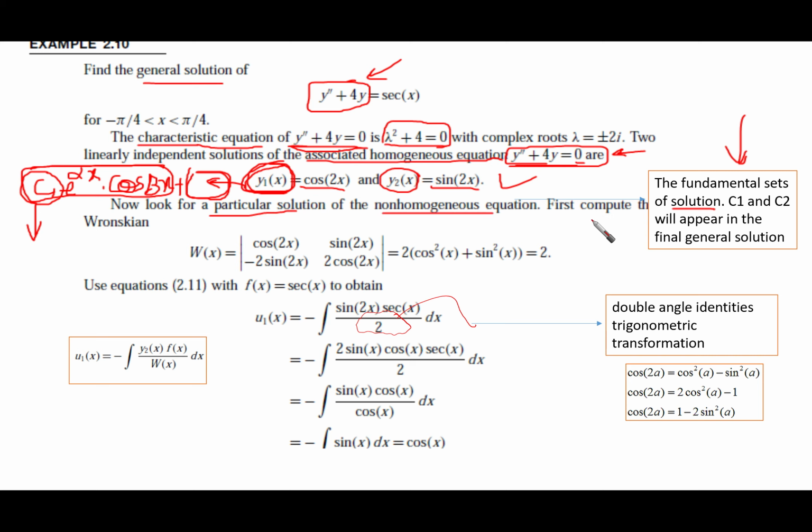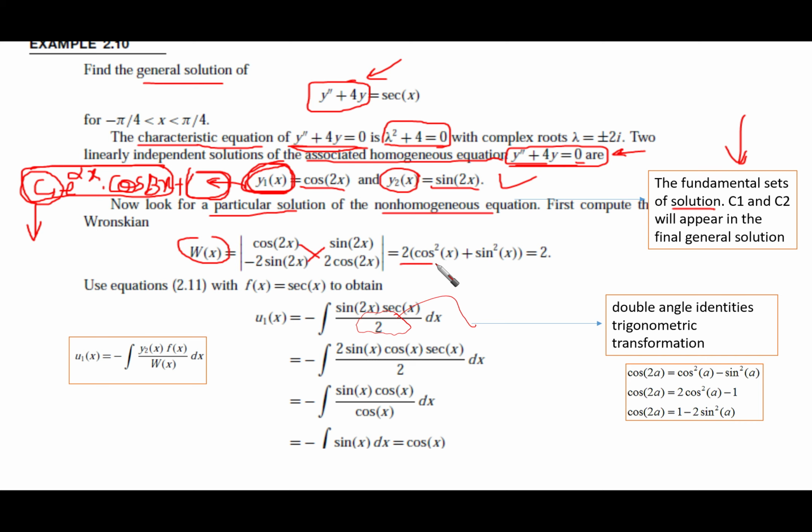First, compute the Wronskian, based on what we have obtained here. We have cosine 2x, which is y1, and its derivative, which is minus 2 sine 2x. And we have sine 2x, which is y2, and its derivative, which is 2 cosine 2x. The Wronskian is computed by multiplication and subtraction of the diagonals.